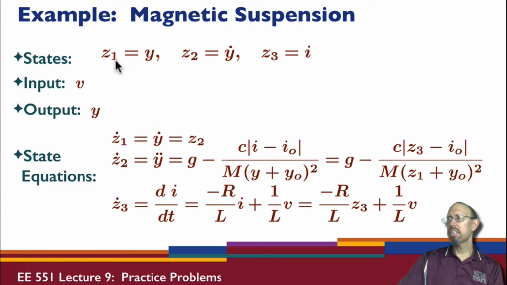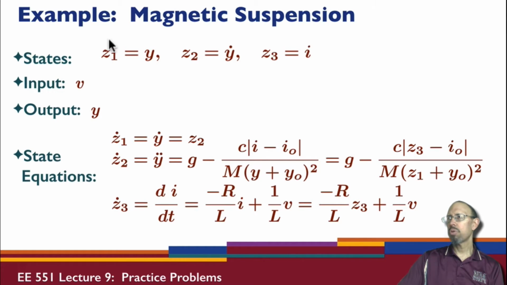We define the states z1, z2, and z3 as every variable that has a first derivative in the system. So y has y dot as a variable, y dot has y double dot, and i has L di/dt, so that has a derivative. With the input u and the output y, we get these three state equations. z1 dot is equal to y dot.